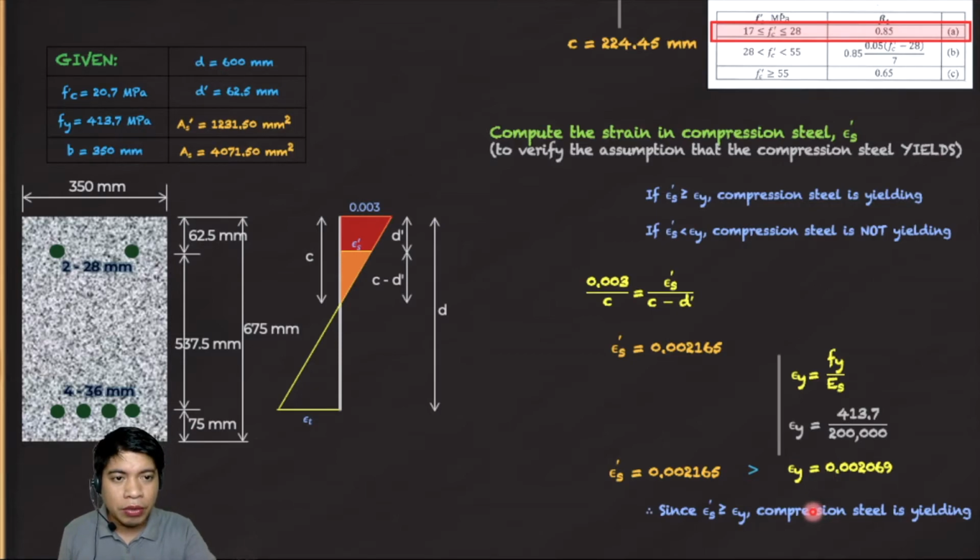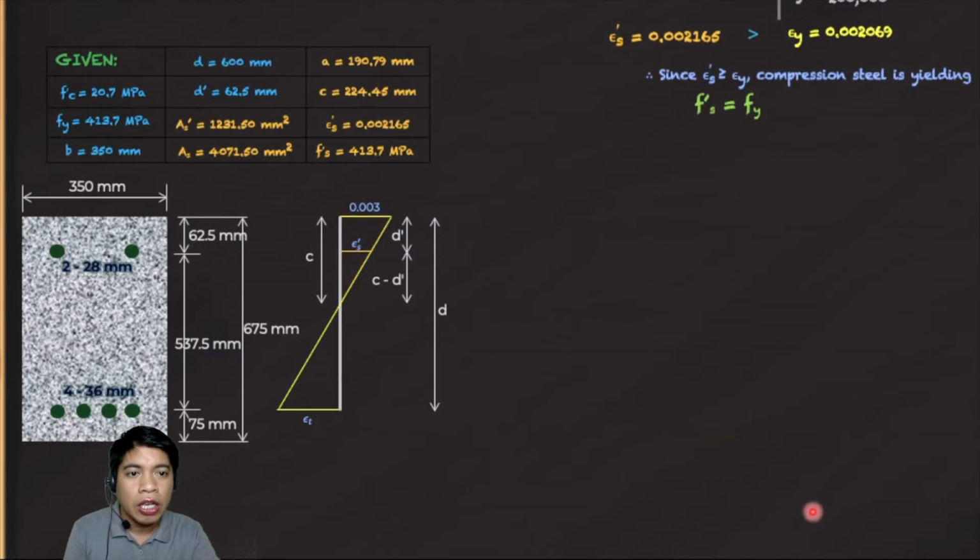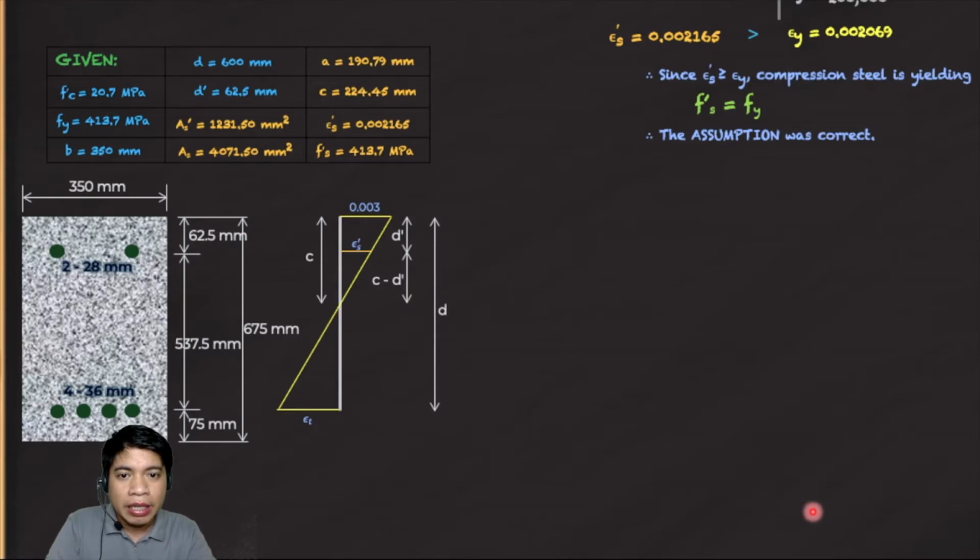So, ang ibig sabihin nun guys, that the F sub S prime na in-assume natin kanina is really equal to F sub Y. So, tama yung ating naging assumption kanina guys. So, the assumption was correct. Ngayon, i-continue na natin guys. Dahil tama nga yung ating assumption, then yung na-compute natin kanina na value ng A at saka C ay tama, kasi nga tama yung ating ginamit na assumption doon, okay?